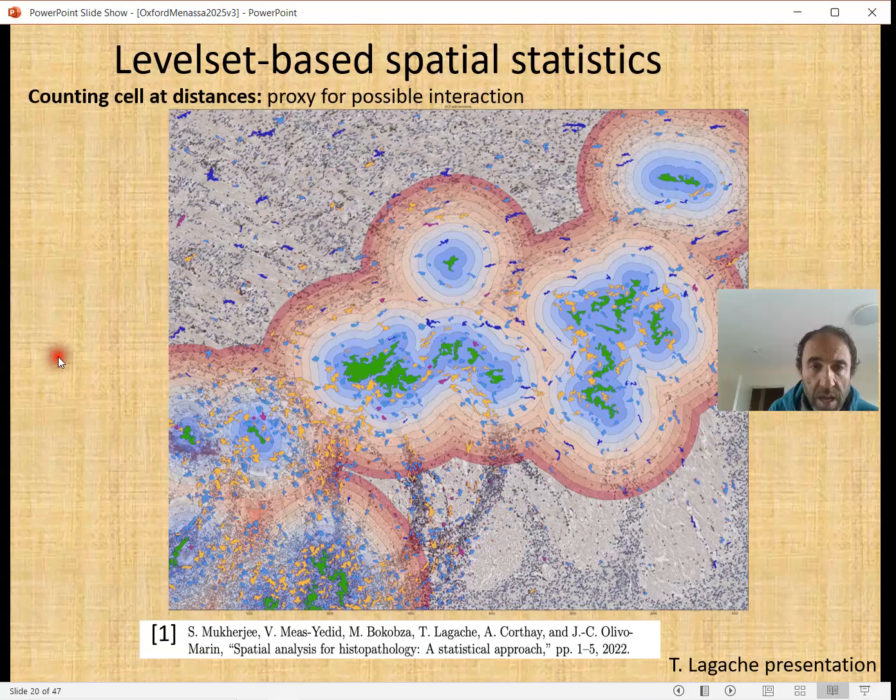Another statistical approach is given by the level sets based statistics, where you fix a cell of a given type and generate level lines, the same way you have them on geographical maps of mountains.